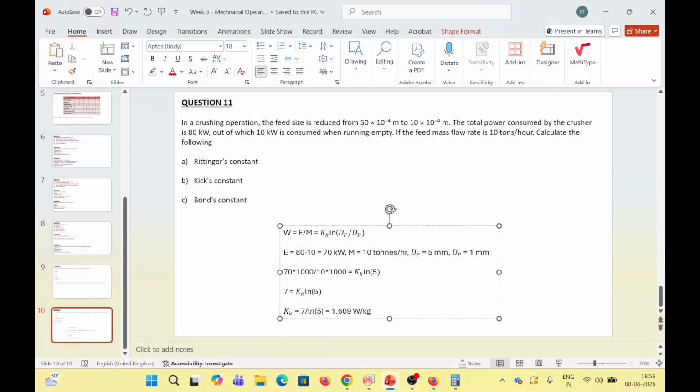That's all. So Kick's constant value is 1.609 watt per kg per hour, or you can write watt hour per kg.